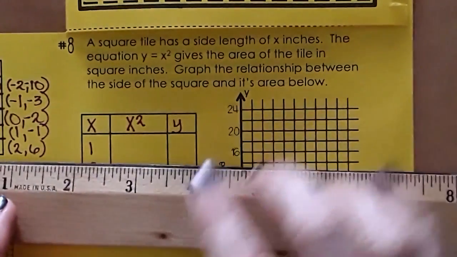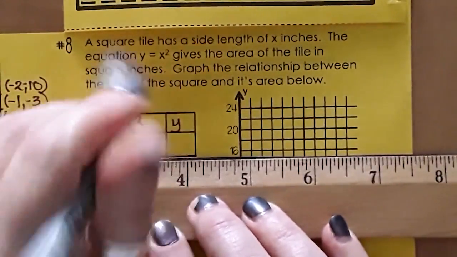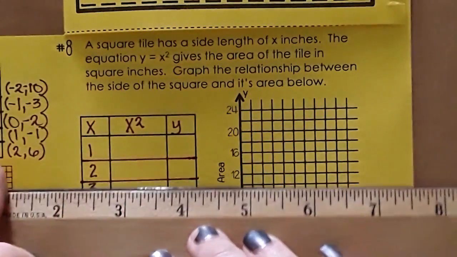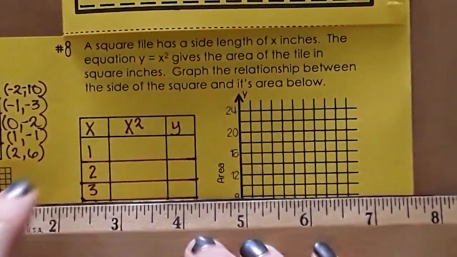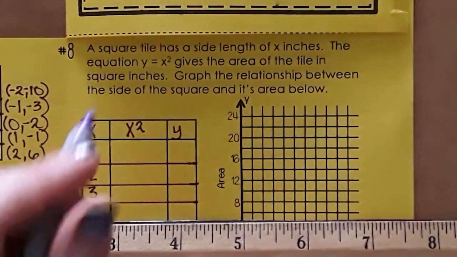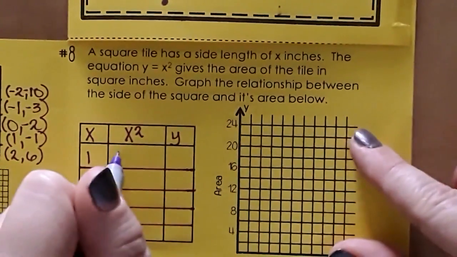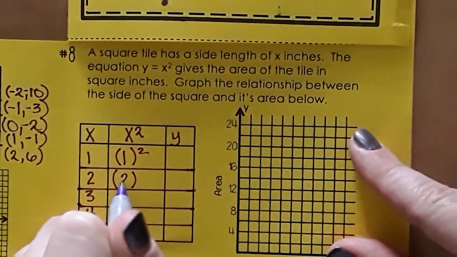I'd like to break up my function table, so you may want to do the same. And you should notice that this is going to make half a u because it's to the second power. All right, so you're going to come here, write parentheses squared, put a 1 inside the parentheses.